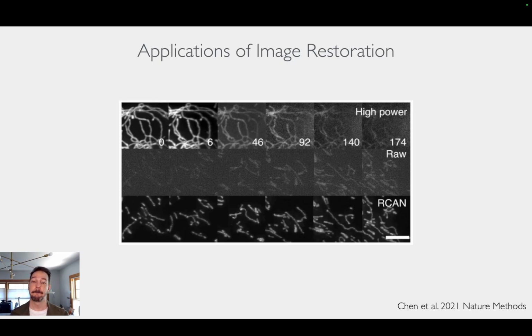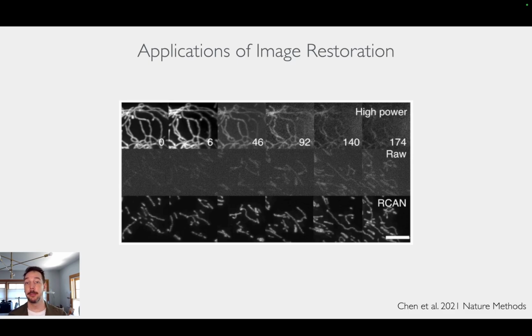And so the alternative is we image with very low laser power, but then we can't see the endosomes at all. And so this is kind of a difficult situation to be in. But by using image restoration, and in this case, Harry Schroff's lab is using a technique they developed themselves called RCAN, they're able to image with the low settings that you're seeing in the middle row, but restore to images seen in the bottom row.